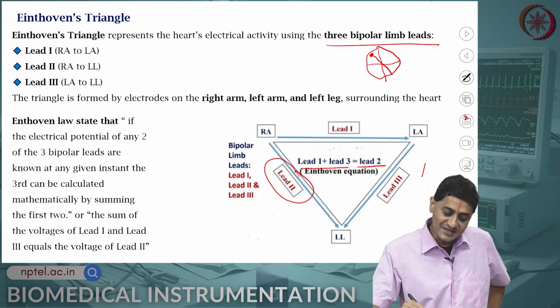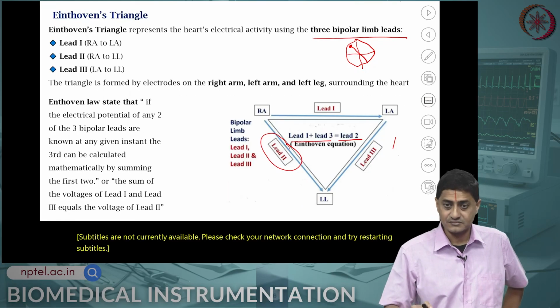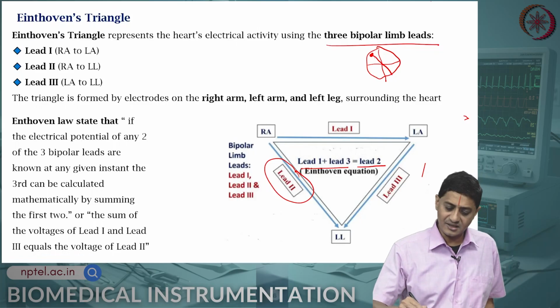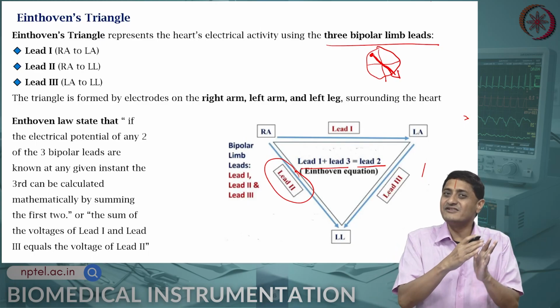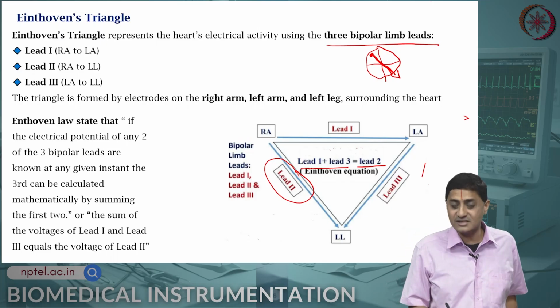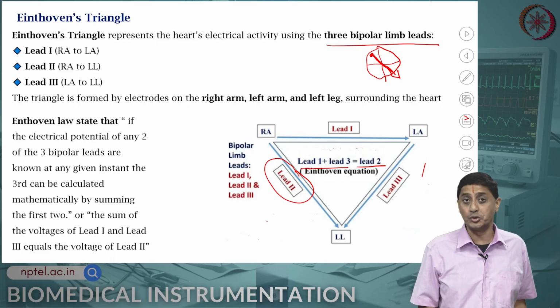So the lead that has direction similar to this is the one to which the heart's electrical activity vector is going to be most aligned, and that, it turns out, is actually lead 2.